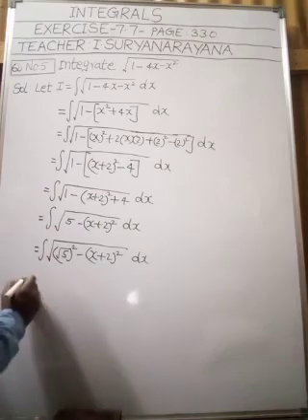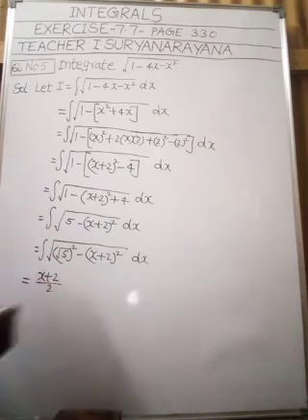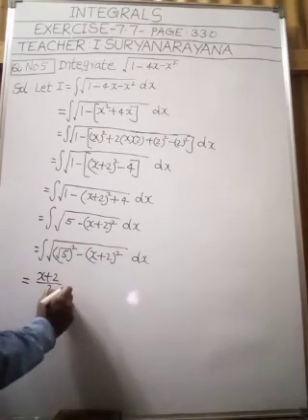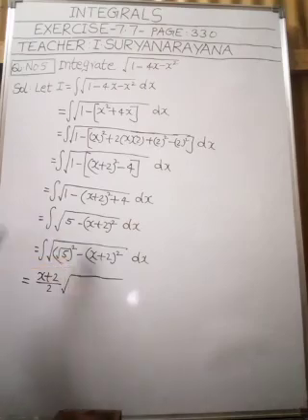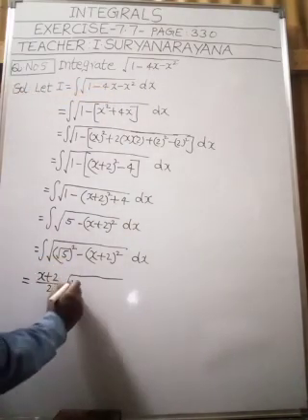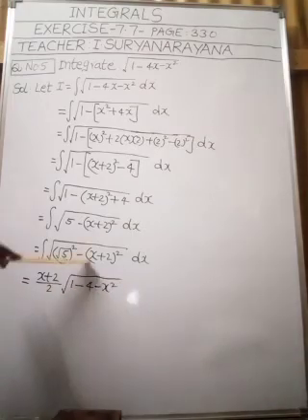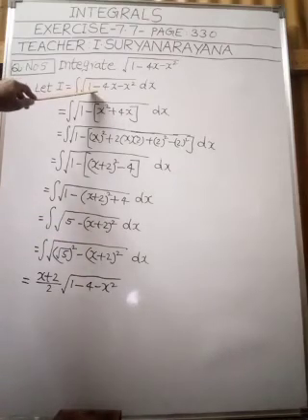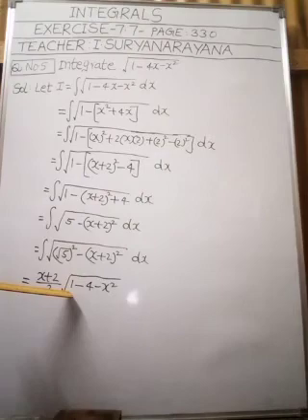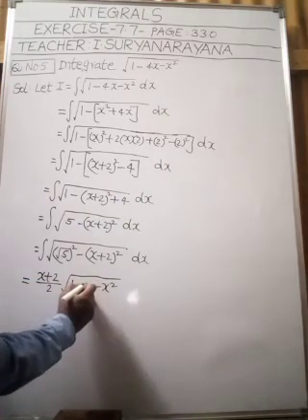Right. That is equal to, what is the formula? x by 2, that is x plus 2 by 2, into root of a square minus x square. A square minus x square we can write directly, 1 minus 4x minus x square. If you go back through the earlier steps, finally we get the same function, so I am writing directly 1 minus 4x minus x square.